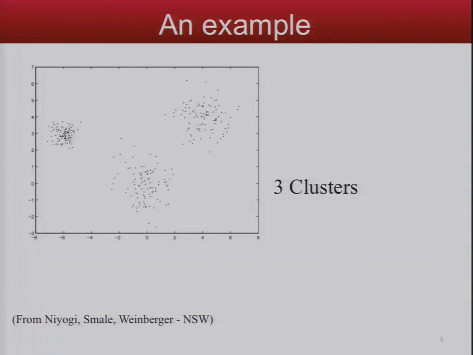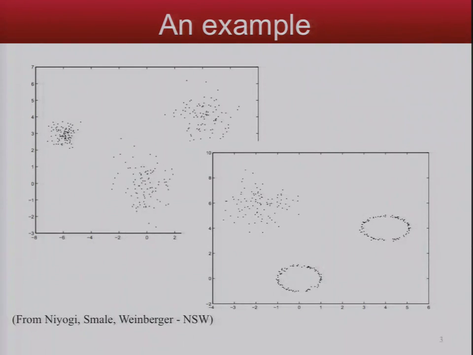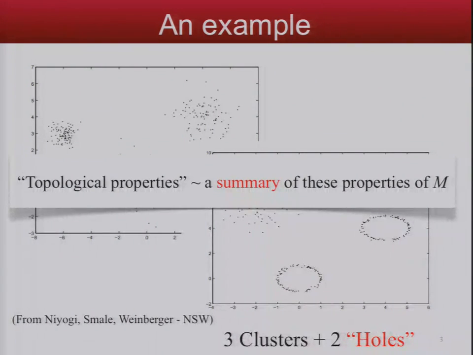Here's another picture of 3 clusters, but it's not quite the same, and it's not drawn from a mixture of Gaussians. But if I asked you what the difference was, you would probably say that 2 of these clusters have additional structure, and if I asked you what that structure was, you would say 2 of them have holes in them. All right? And so the topological properties I'm going to be talking about are some kind of summary of these properties of your underlying data manifold.